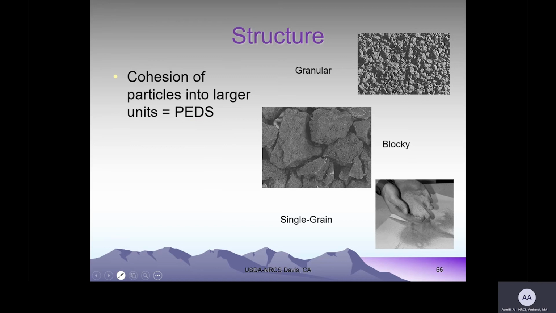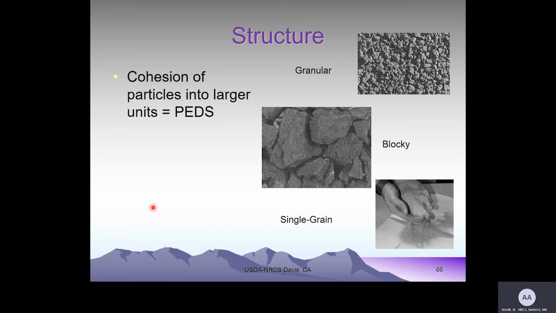And structure is important because it helps with water infiltration, water permeability throughout the soil profile, as well as creating a place for roots to grow more readily and homes for critters.